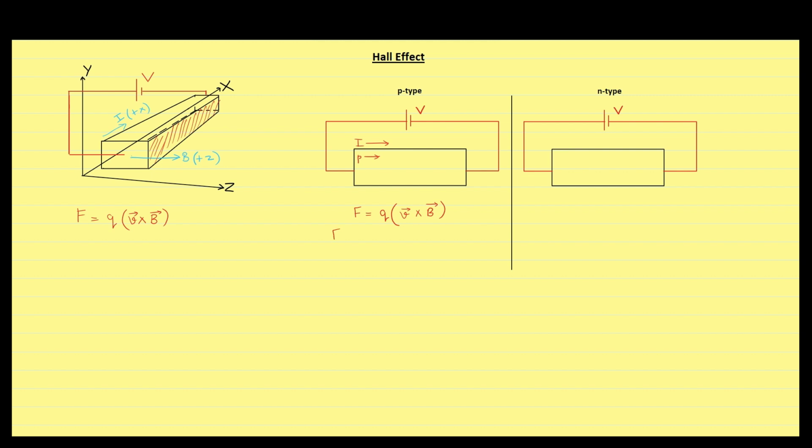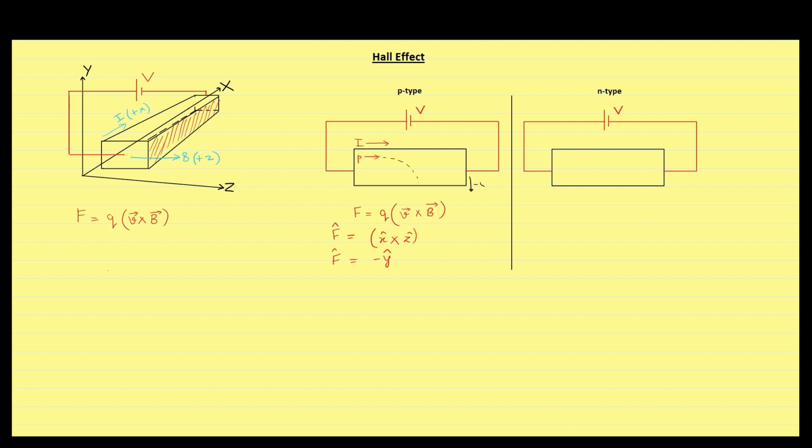The direction vector of force will be equal to, we know unit velocity vector of holes will be x cap, and the direction vector for magnetic flux density is plus z cap, and this vector product will result in minus y cap. It means that holes will move in the negative y direction and will follow a path similar to as shown.